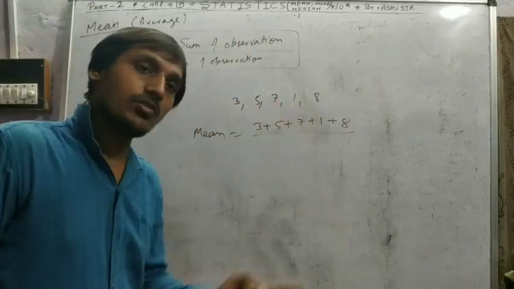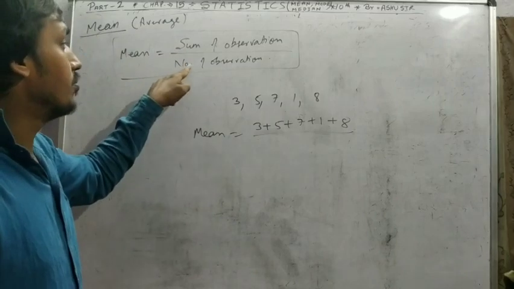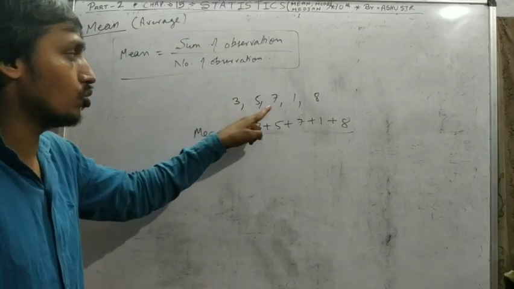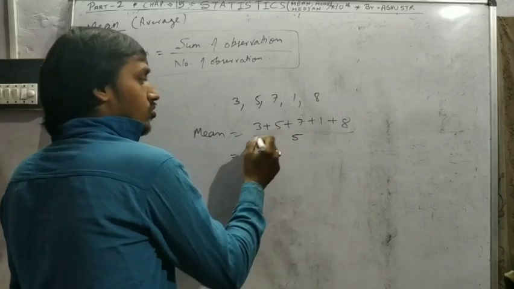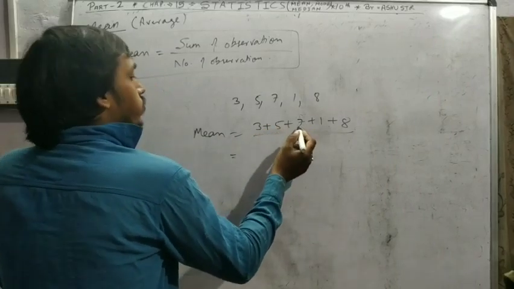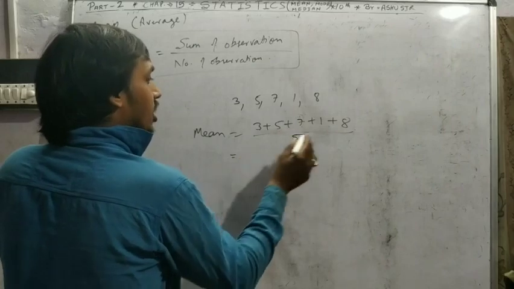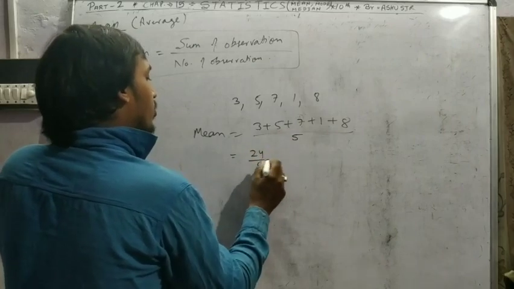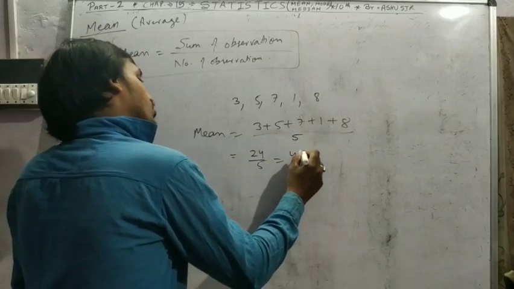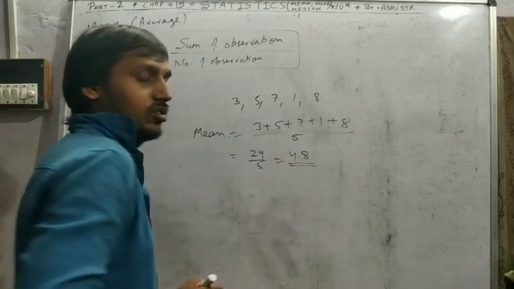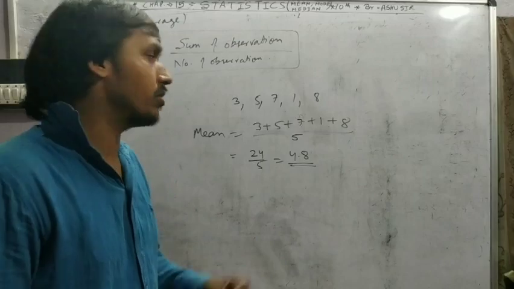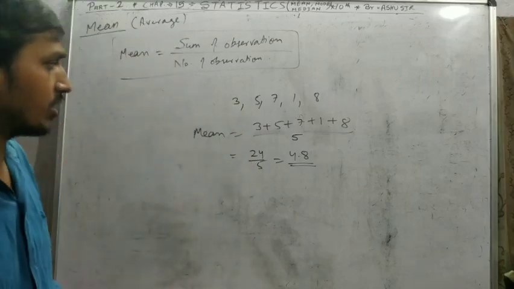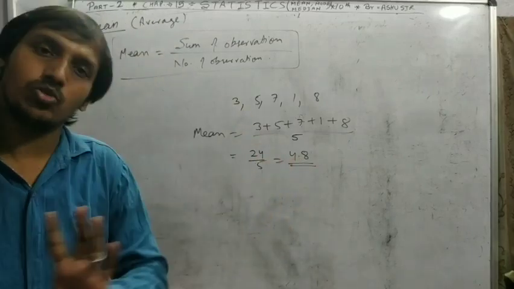So sum of observations upon number of observations is 24 by 5, which is 4.8. If the unit is given in centimeters, then 4.8 centimeters. Whatever unit is given, the same is the unit.